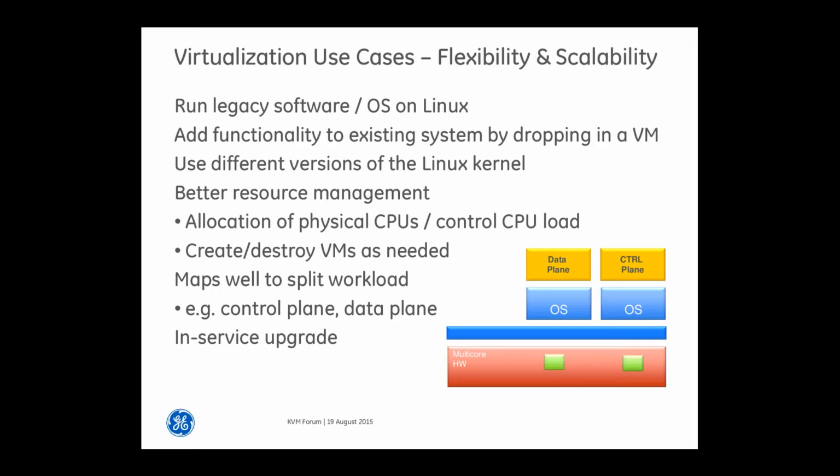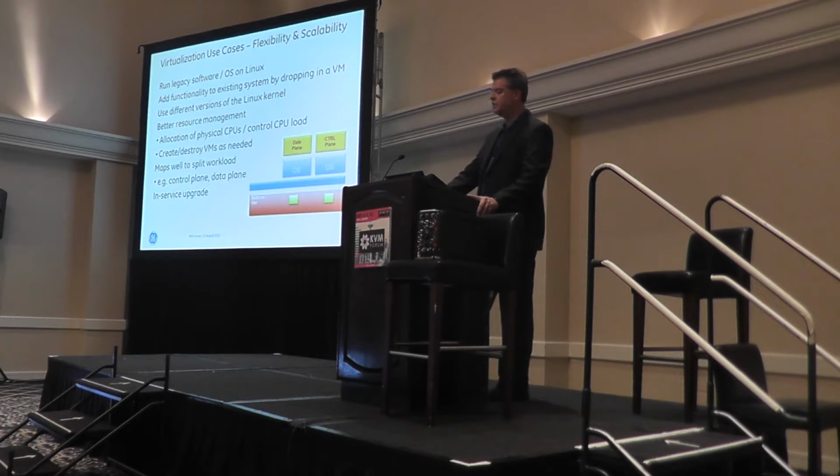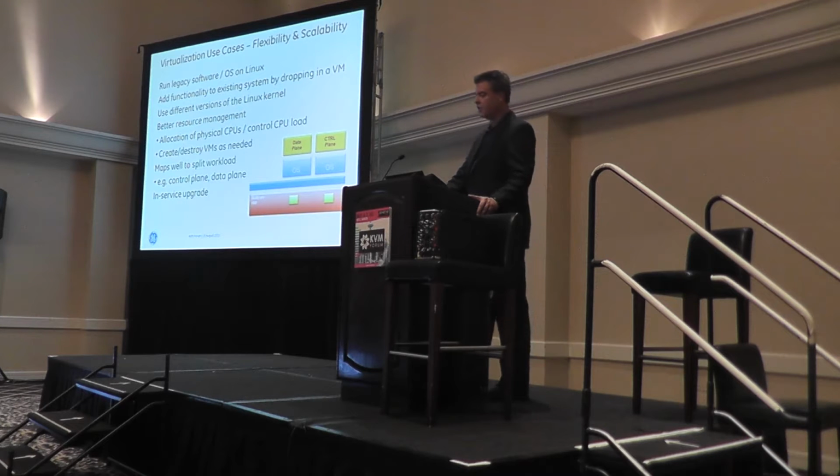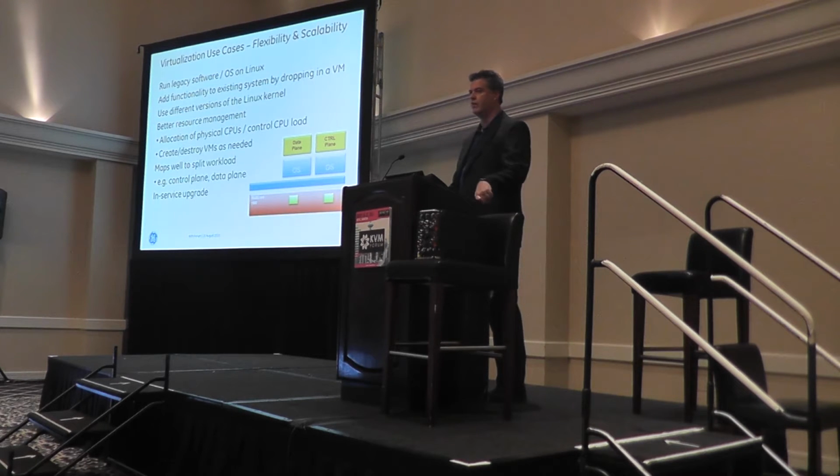Next one is flexibility and scalability. Once we start getting into thinking about, okay, whether it's OSs written by particular third parties or by GE, we'd also like to have the flexibility of separating a lot of our different software elements.